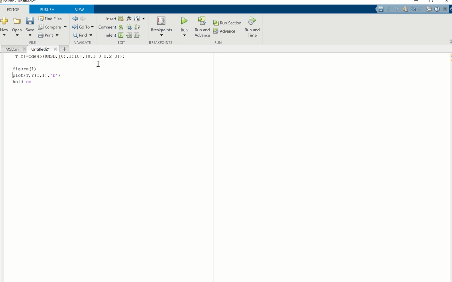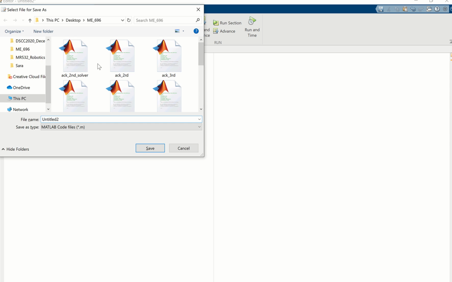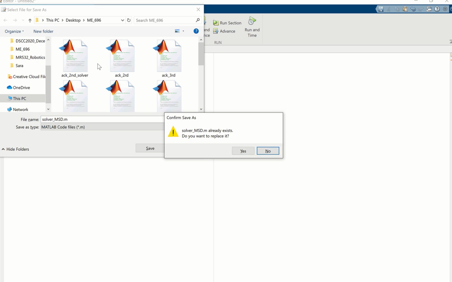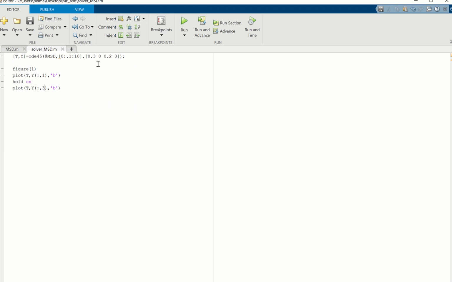Now estimated position of the mass, because I don't know, gonna be Y3. And I'm gonna save it as solver of MSD. Okay, solver of MSD. And I'm gonna make it red. And I'm gonna make it grid.